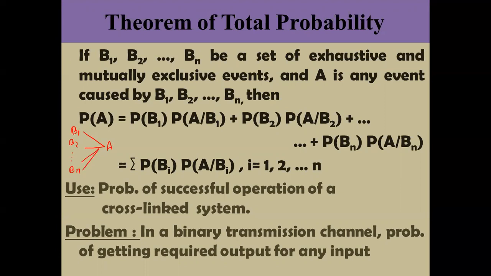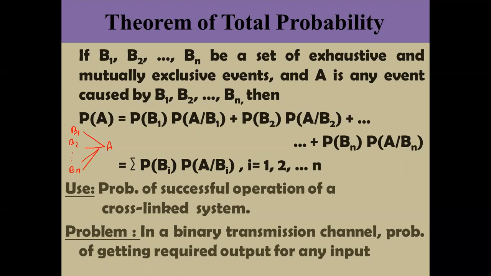Like that, from each and every one of the n events, we calculate the probabilities associated with A, which is given by the summation over i of P of Bi into P of A given Bi.